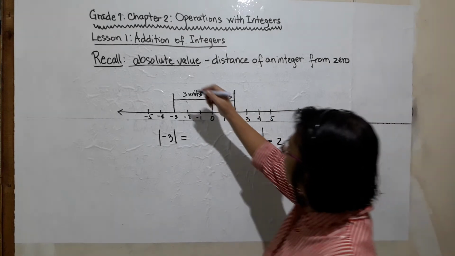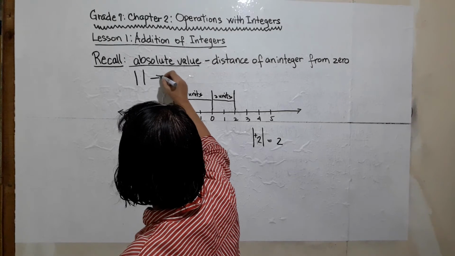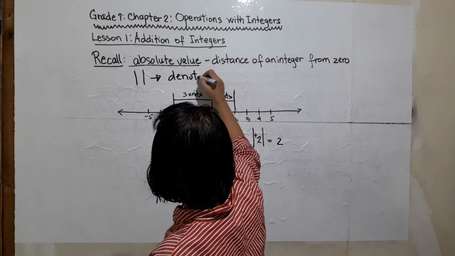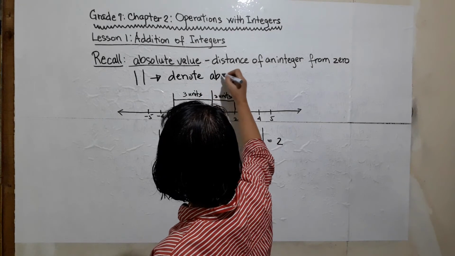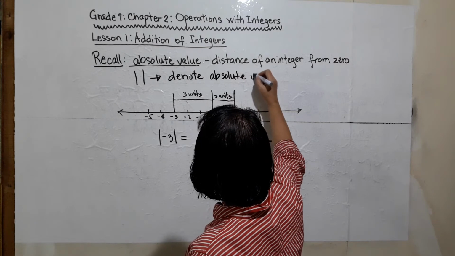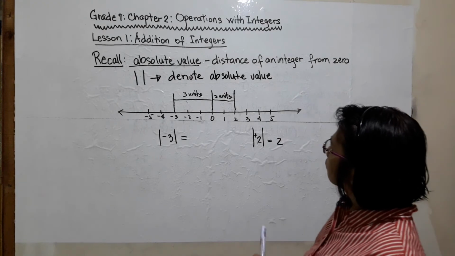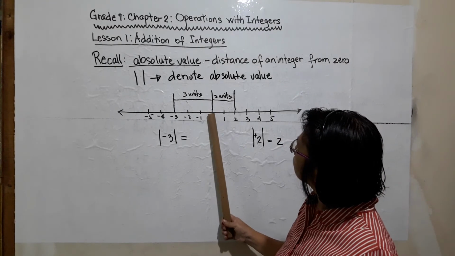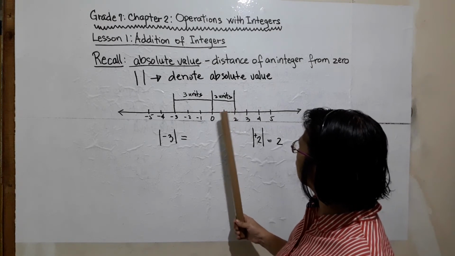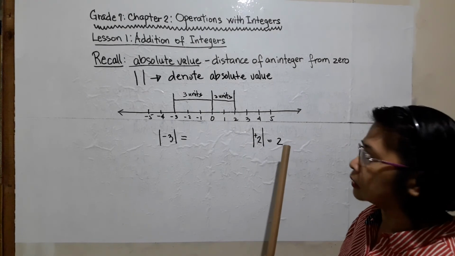By the way, the two vertical lines are the symbol used to denote absolute value. Okay? So, again, from 0 to 2, there are 2 units. 1, 2. Therefore, the distance of positive 2 from 0 is 2 units.